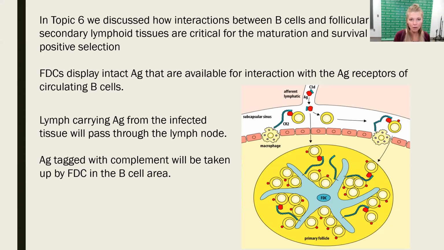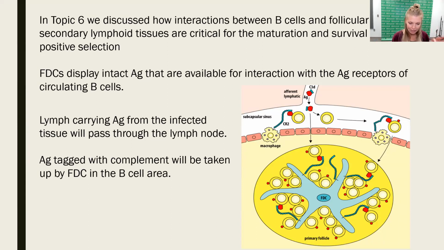If they do not receive that survival signal from the follicular dendritic cell, they get arrested and don't mature any further. So that process of positive selection is a step towards B cell maturation.